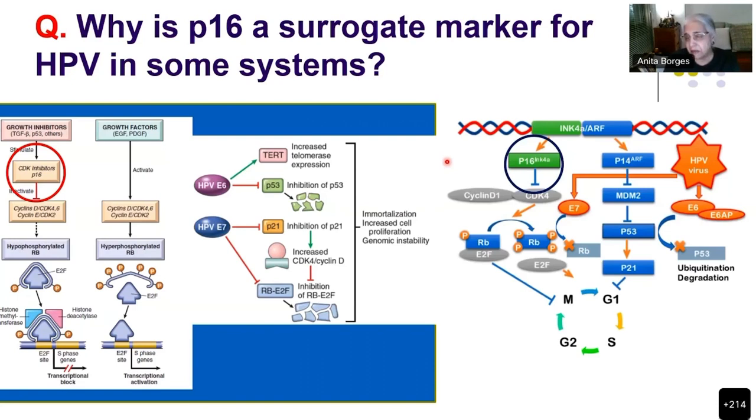There are many tumors, like for instance, a serous carcinoma of the ovary. It overexpresses P53 and P16. But that's not because there's HPV in the system at all.